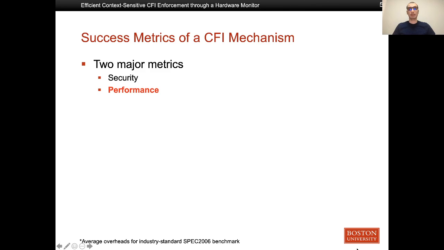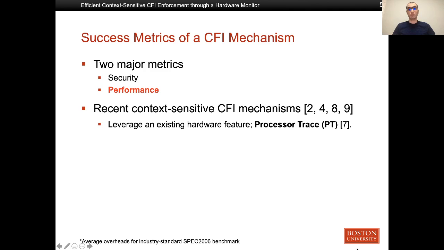Since context-sensitive CFI mechanisms collect additional contextual information, they could potentially have higher performance overhead compared to context-insensitive CFI policies. To prevent this and provide low performance overhead while providing higher security guarantees, recent works leverage an existing hardware feature on modern Intel processors.